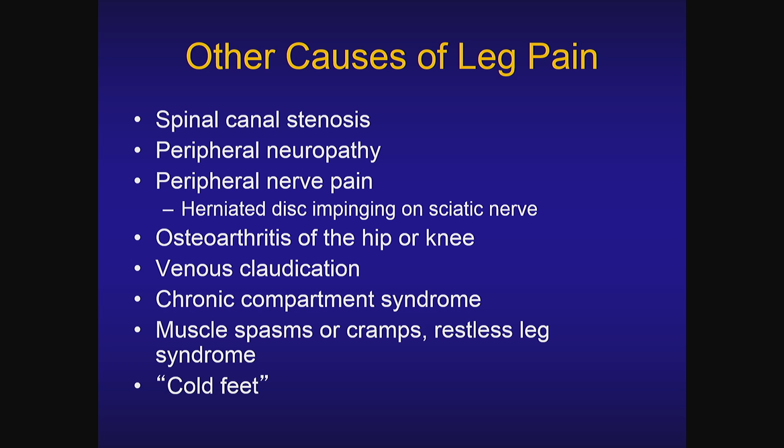There's also the possibility of chronic compartment syndrome, muscle spasms, effect of statin therapy causing joint and muscle discomfort. All of these can mimic symptoms of peripheral artery disease unless a careful history is taken.